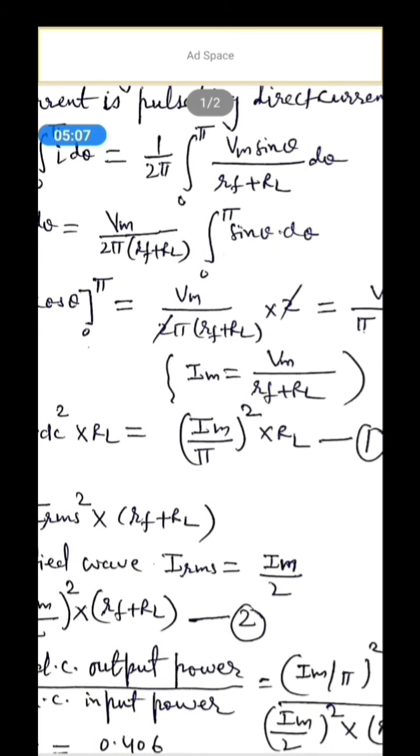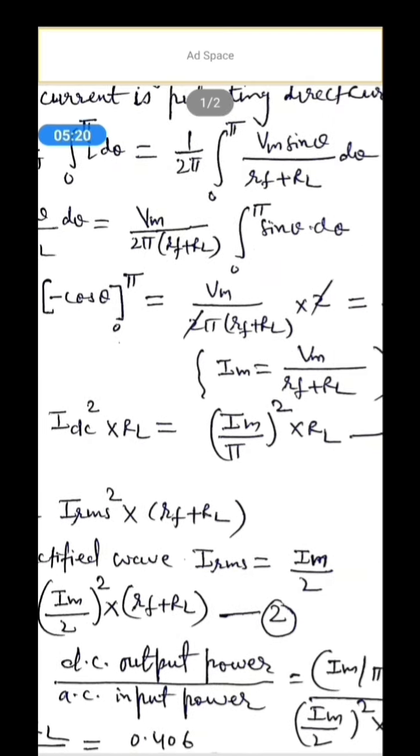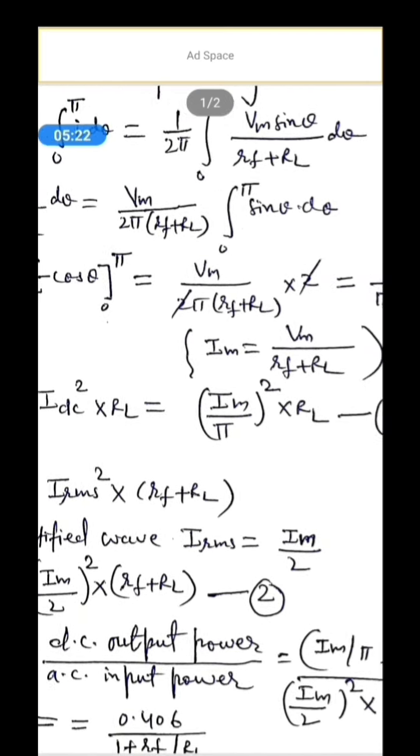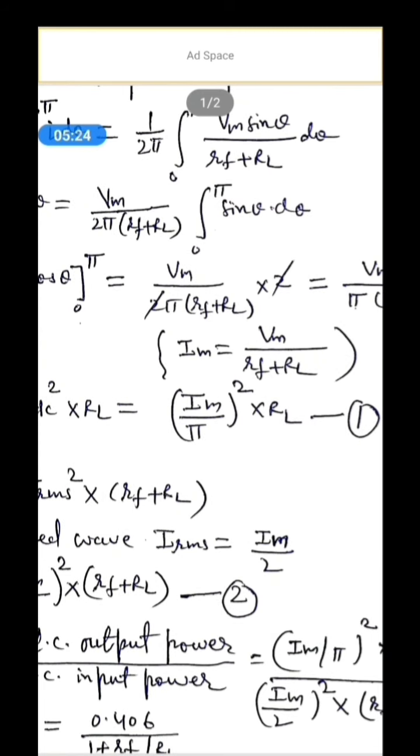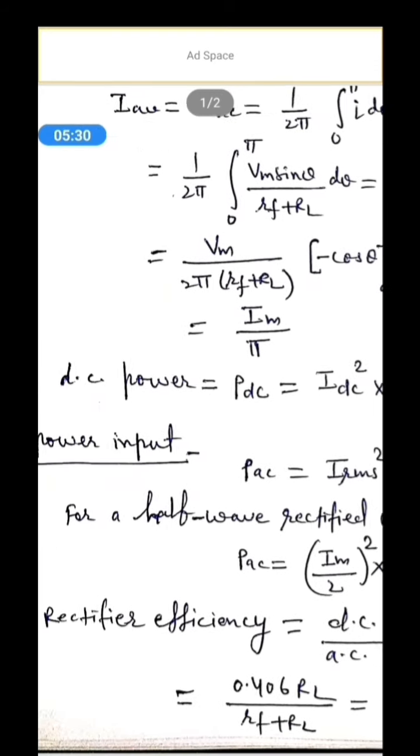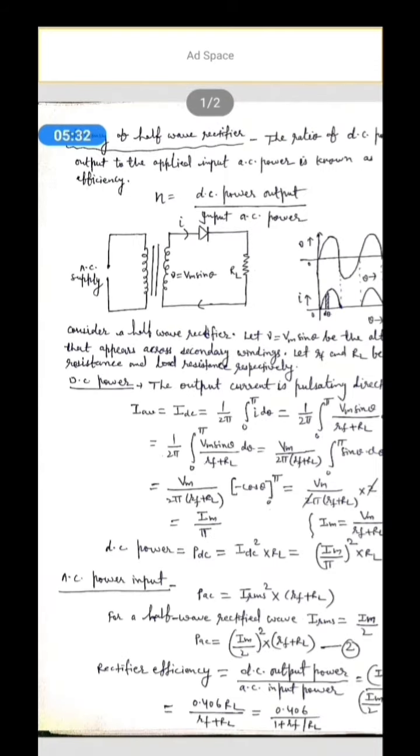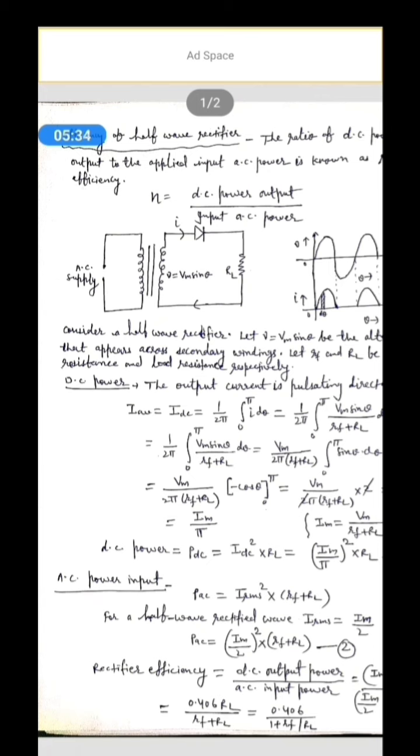We know that the general formula for power is I square into R. So we get the DC power equal to Im upon pi whole square into RL. Now, second, the AC power input.